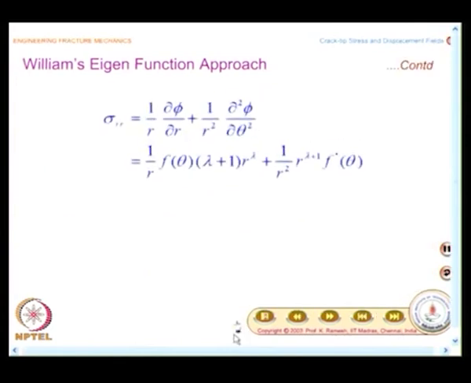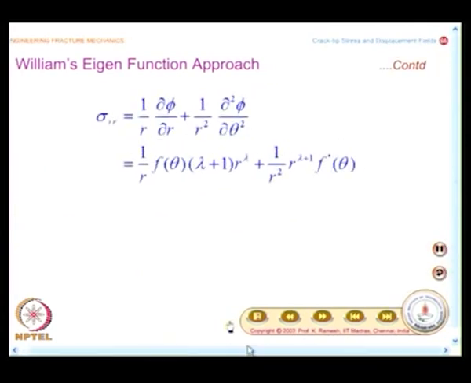Now, let us brush up our fundamentals in handling stress function in polar coordinates. If stress function phi is given, you can write sigma rr, which is nothing but 1 by r dou phi by dou r plus 1 by r squared dou squared phi by dou theta squared, and we have already taken phi as r power lambda plus 1 times a function of theta.